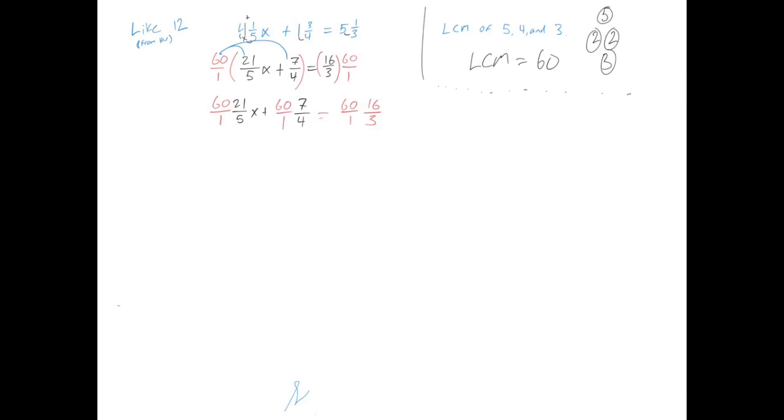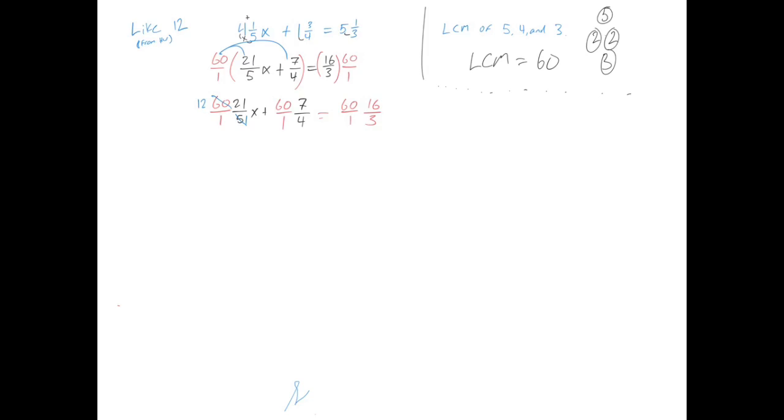So what we want to do here is simplify each of these sets of fractions. I notice that 5 goes into 5 one time, and 5 goes into 60 12 times.